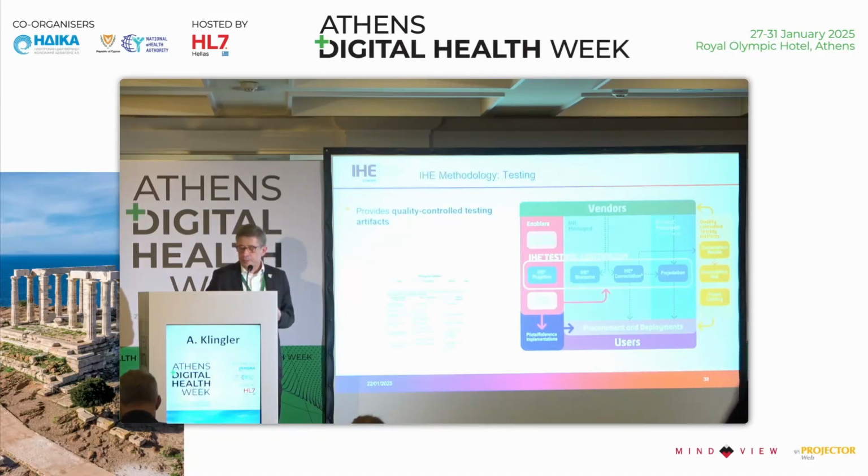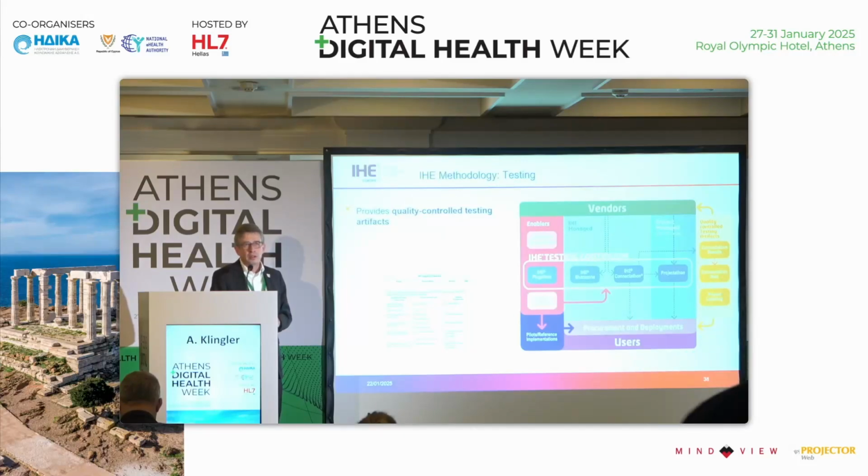And there's also the mechanism of the so-called IHE integration statements, which augment or supplement the ideas of the X-Share label, where there is a very concise document which describes the capabilities of a certain product from a vendor. On the FHIR side, of course, there are FHIR capability statements, but those are usually very technical.